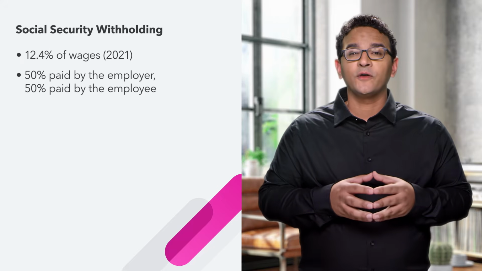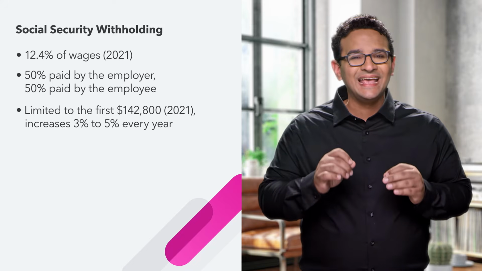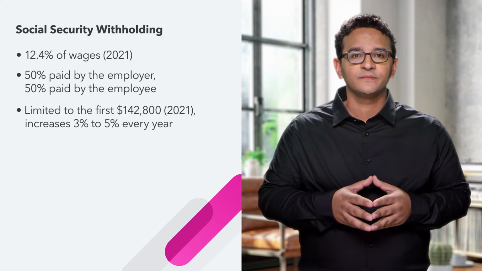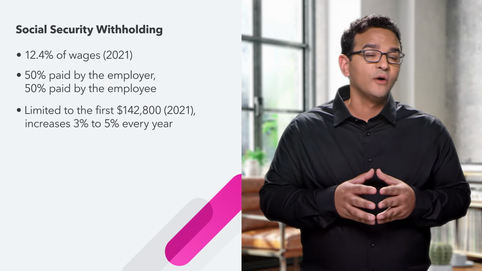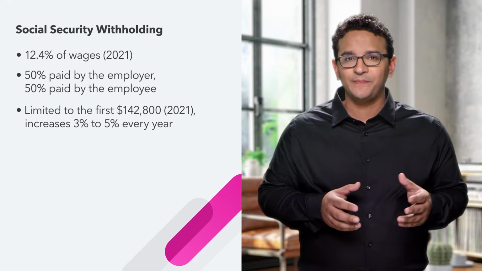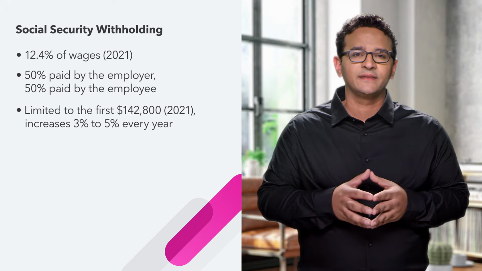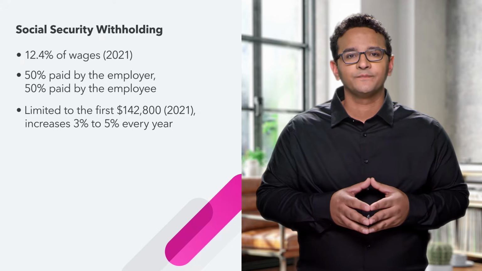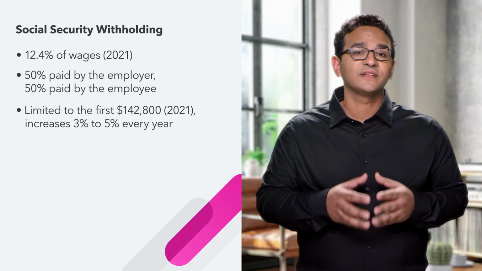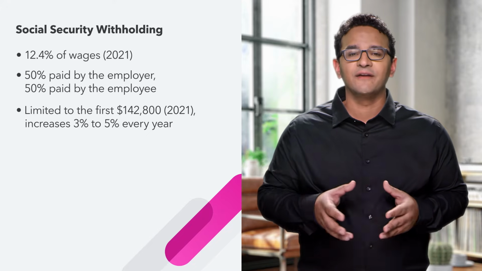The Social Security withholding limit is to the first $142,800 of their wages. And after that, there's no more Social Security withholding. Beyond 2021, you can expect that limit to increase every year by 3 to 5%, as it has done in the past. This number is announced and published by both the IRS and the Social Security Administration every year.